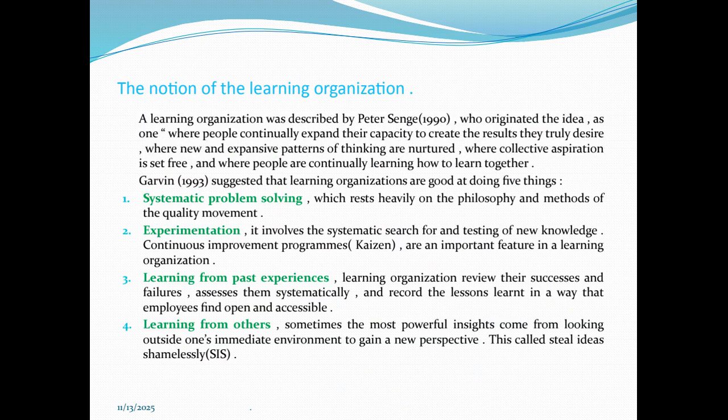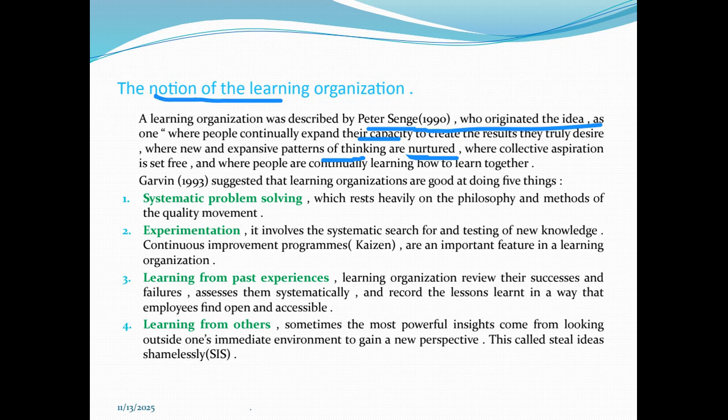Okay, the notion of the learning organization. The learning organization is described by Peter Senge in 1990, who originated the idea as one where people continuously expand their capacity to create the results they truly desire, where new and expansive patterns of thinking are nurtured, where collective aspiration is set free, and where people are continuously learning how to learn together.